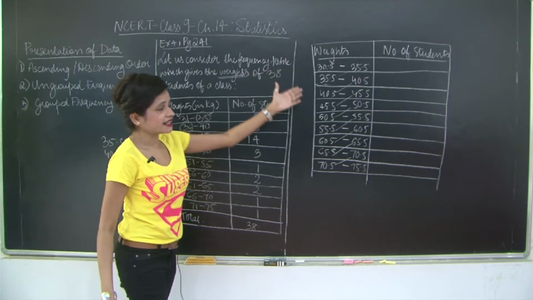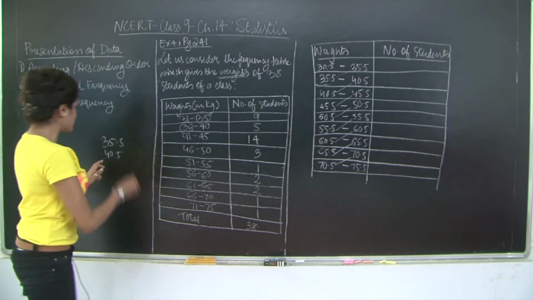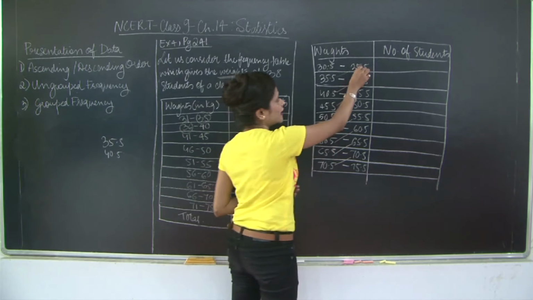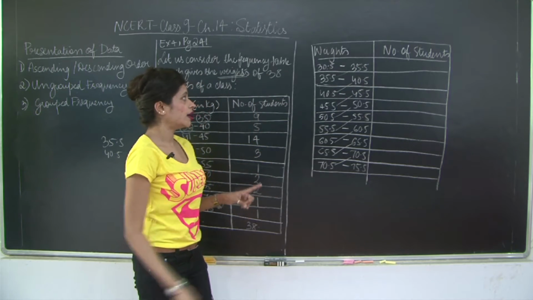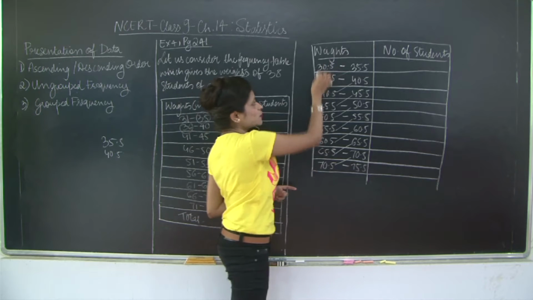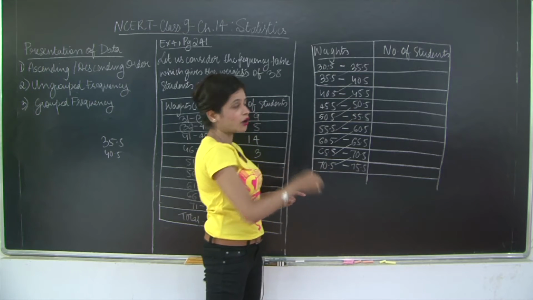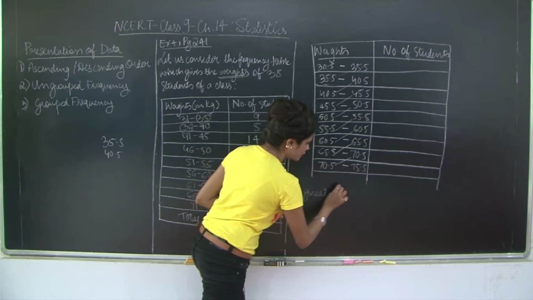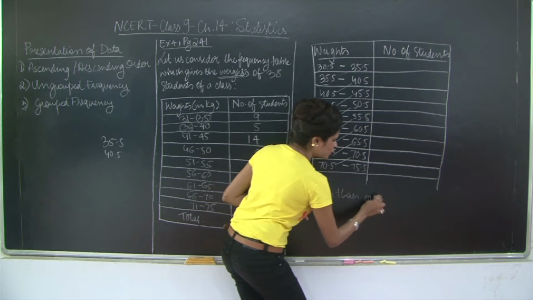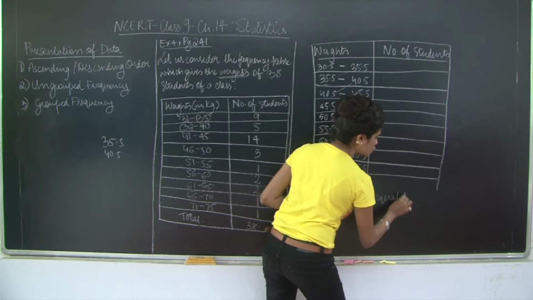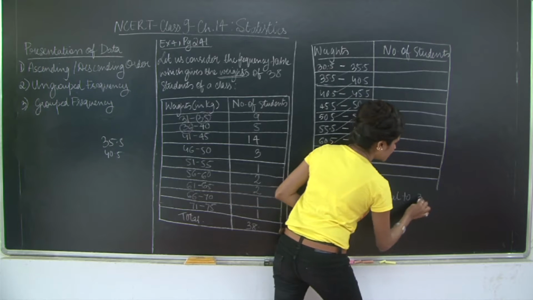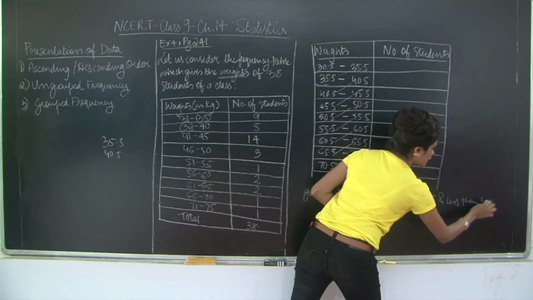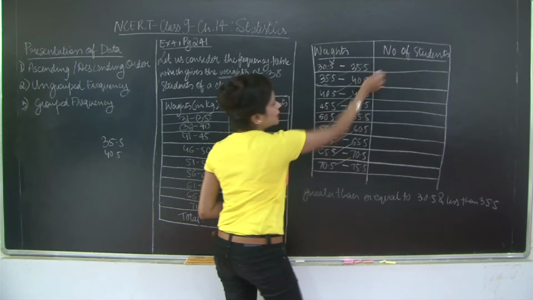Now what entries will belong to which group? Now I have this weight 35.5. Where do you think it will land? Most of the students would say that it would land here. But the answer is no. It will land here. Why? Because since we have continuous class intervals now, all the entries that are greater than or equal to, so I'm just saying for the first class, equal to 30.5 and less than 35.5 will come in this group.